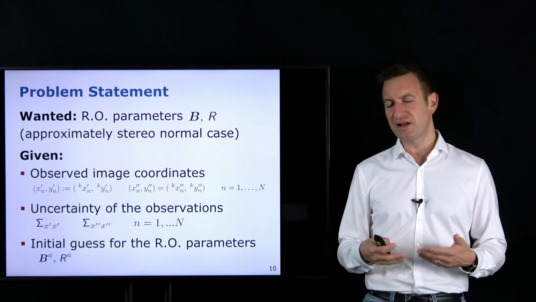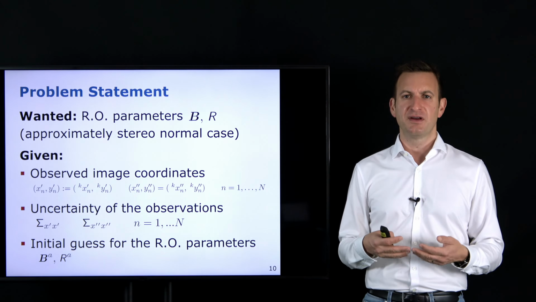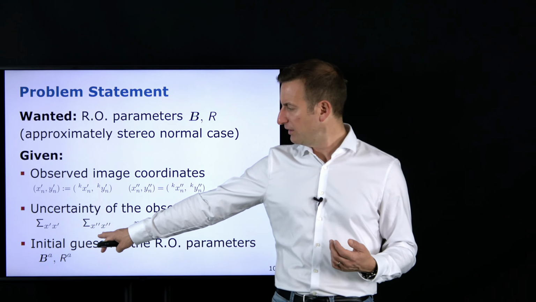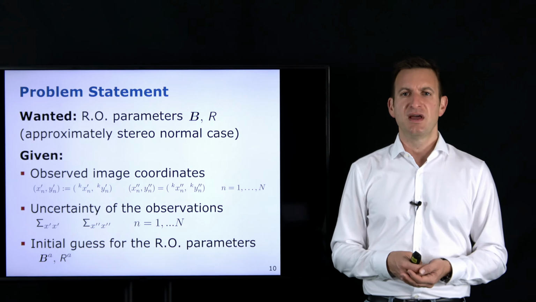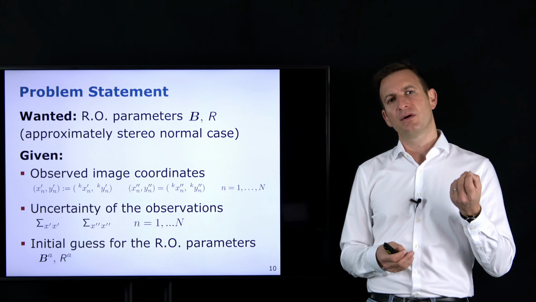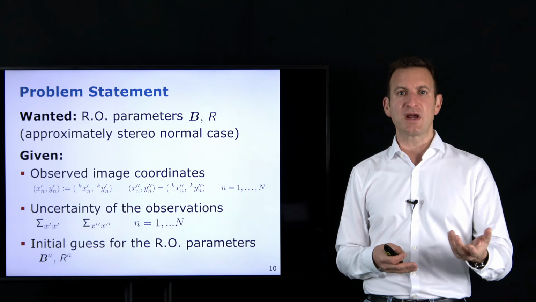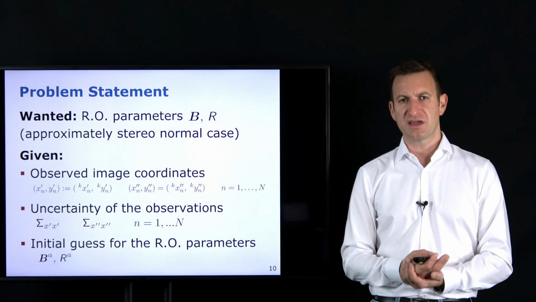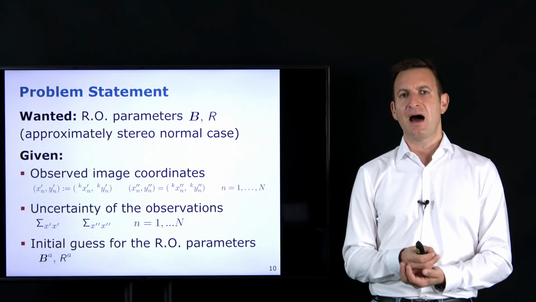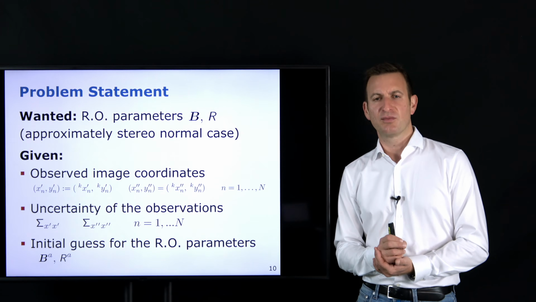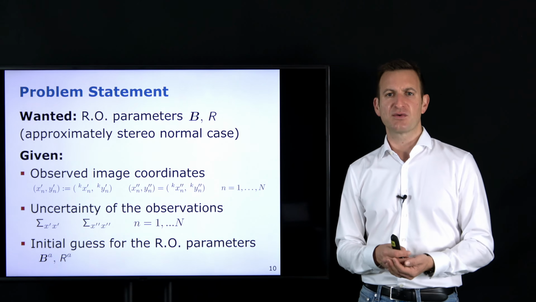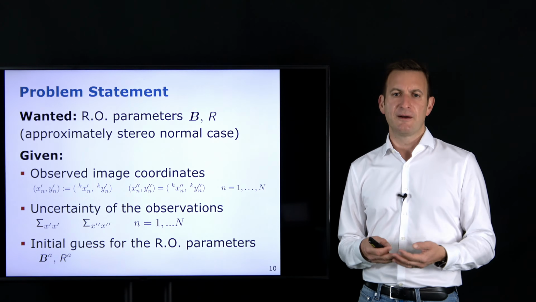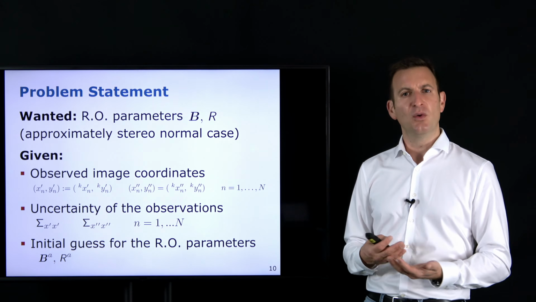this may result in different uncertainties for points in different images, or every point may have a different uncertainty. That's also something which can happen, because depending on the image structure, how much gradient information is around the location where the key point was created has an impact on how well you can localize this point. If you have strong gradients in the x and y direction, those uncertainties will be smaller. If your gradients are smaller, then the uncertainty will be larger.